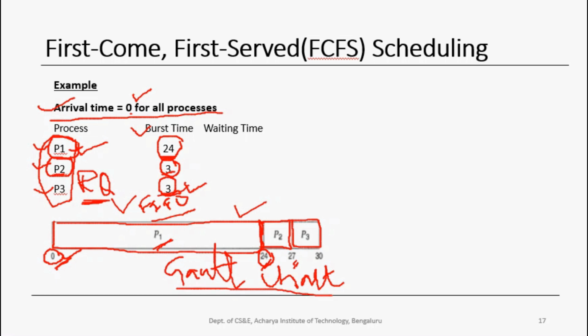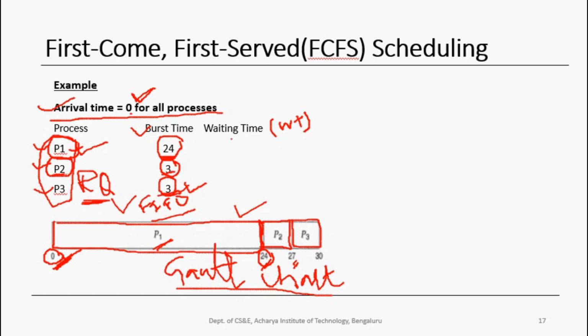Now let us calculate the waiting time. Let me write this as WT, waiting time of each of these processes. P1 has arrived into the ready queue at 0 and immediately gets CPU.